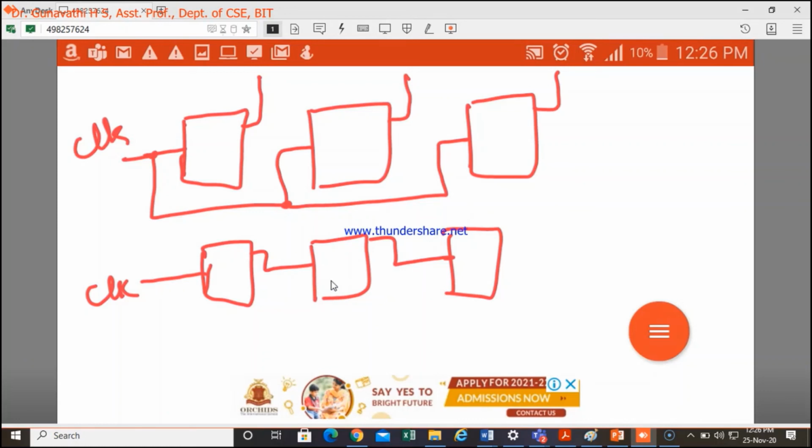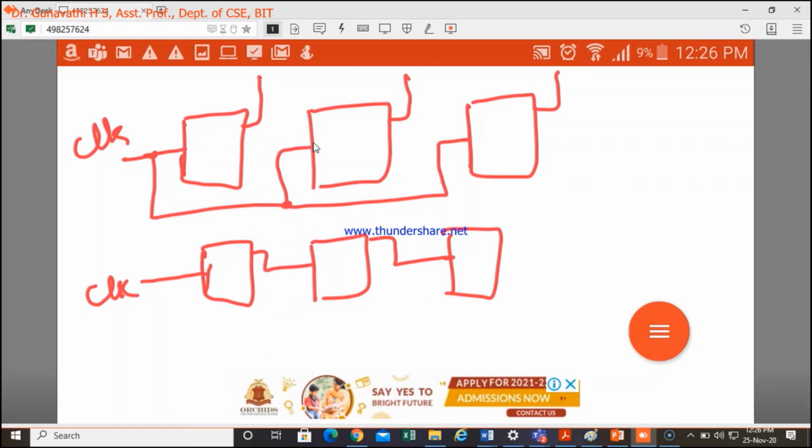But one more thing: designing with respect to continuous sequences, asynchronous is very simple. We need not bother much, just keep delaying the clock input, and I can design asynchronous easily.